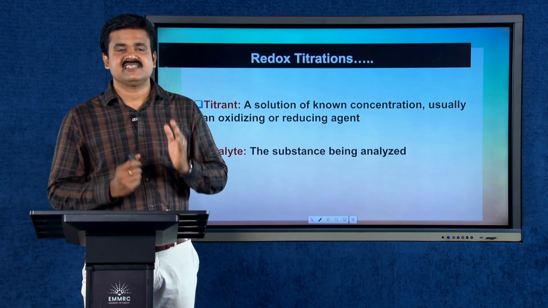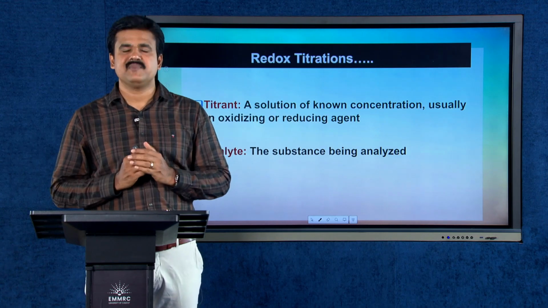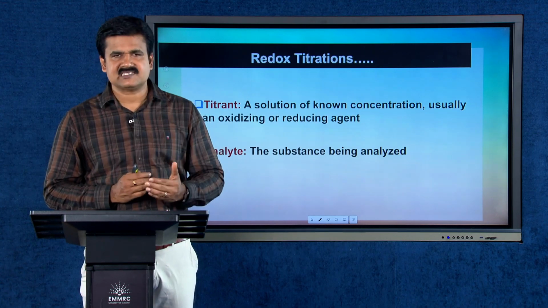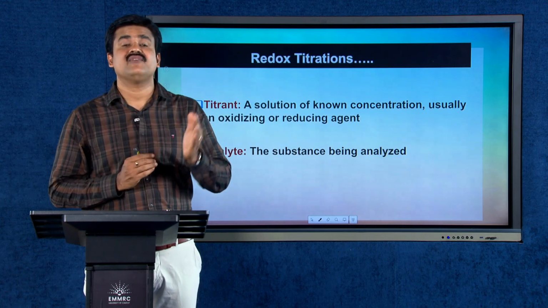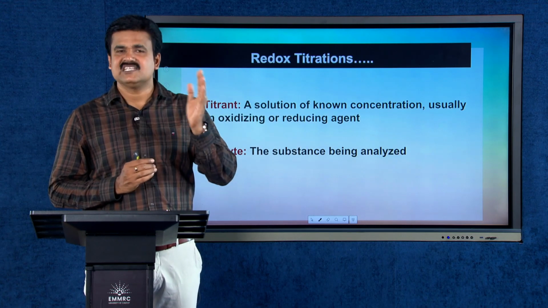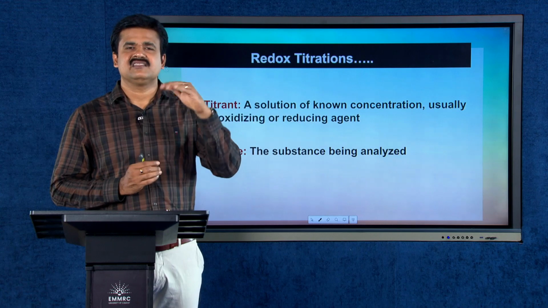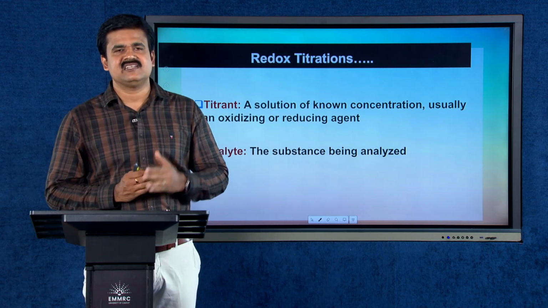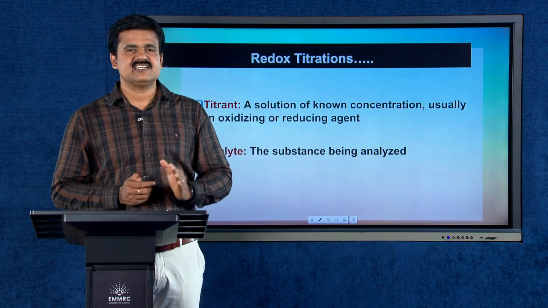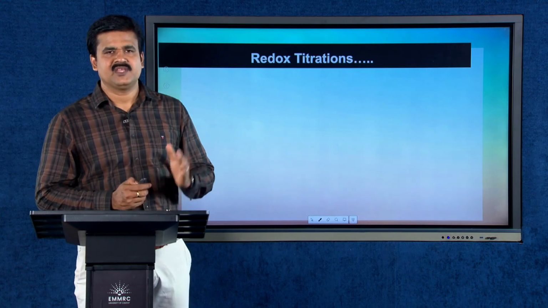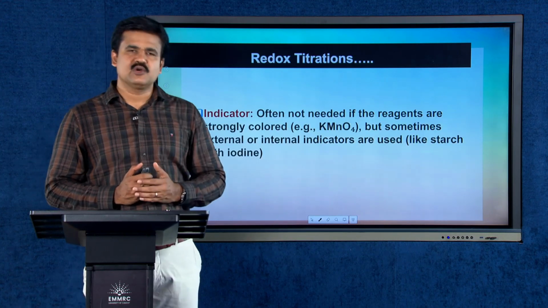And analyte is simply the substance being analyzed. That means we are going to find out the exact concentration of an analyte, the species of which the concentration is to be evaluated. So, there should be a titrant and an analyte.